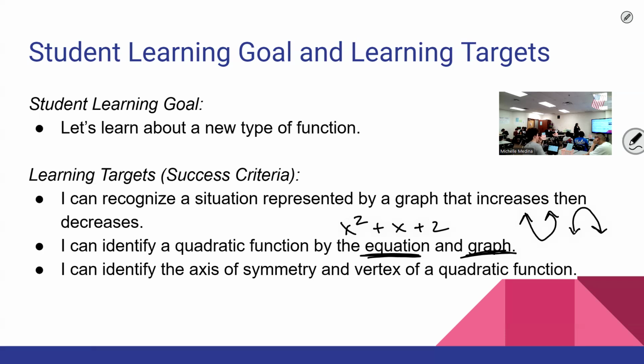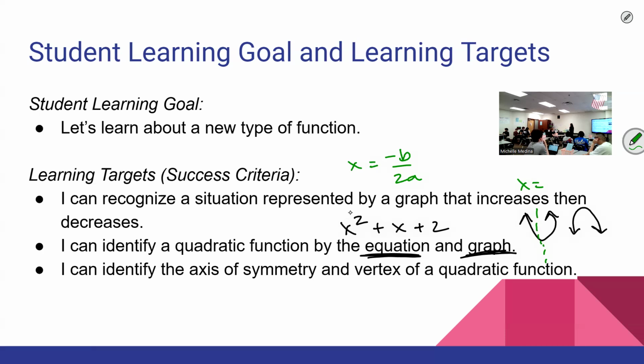And then being able to identify your axis of symmetry from a graph, it's pretty easy. It's just x equals whatever the x of your vertex is. From an equation, though, that's where you have to do the formula, which is what we've been practicing.